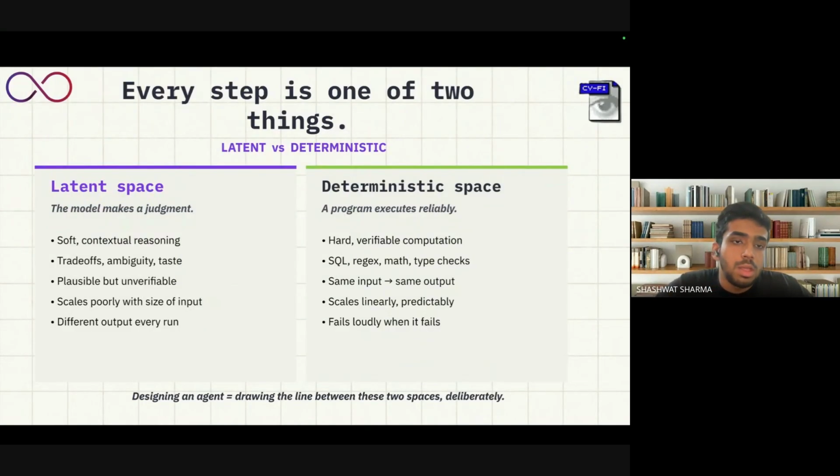Because the model is hallucinating. You don't have the right deterministic space or checks to ensure that you are nudging the model in the right direction.